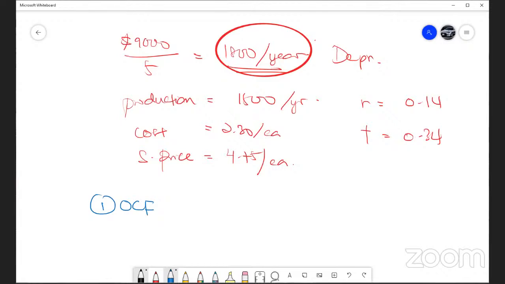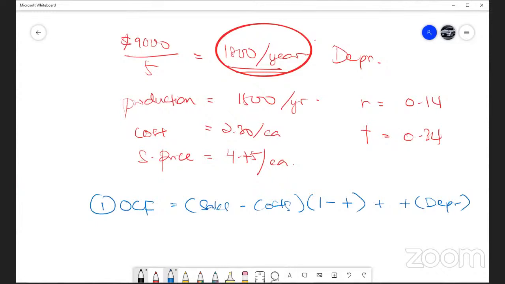Basically, you can just use the income statement, or you can use the OCF formula: sales minus cost, multiplied by 1 minus tax, plus tax multiplied by depreciation. This is basically how you use OCF.